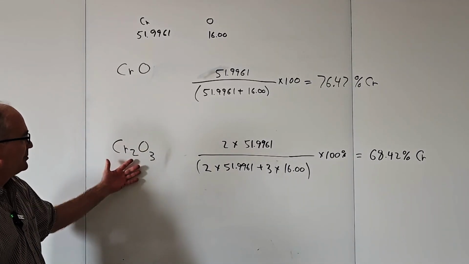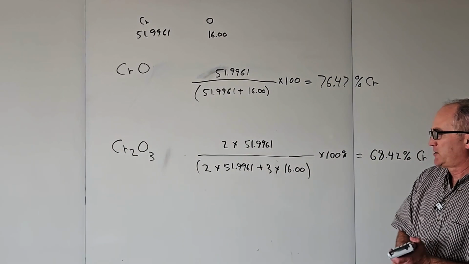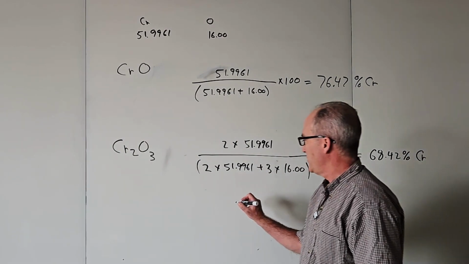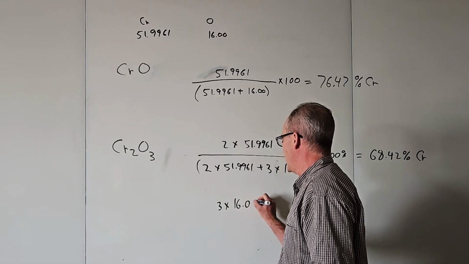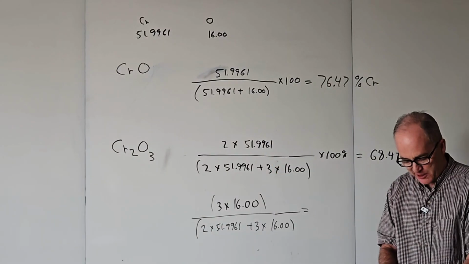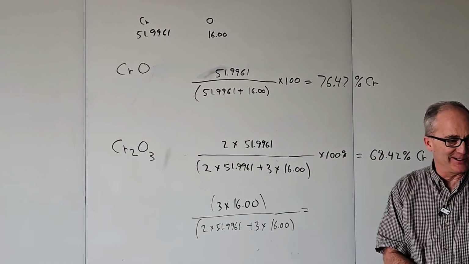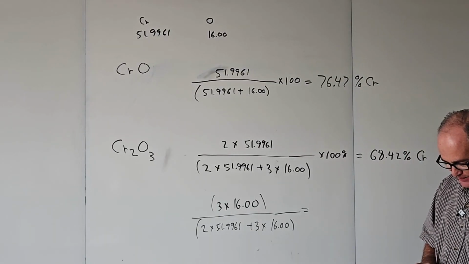We can look at a formula and calculate these things out. Let me just try not to bore you here. I'm going to just go 3 times 16. Let's just prove something to ourselves. I need to warm up my fingers. It's been a whole week since I've played with my calculator. 3 times 16.